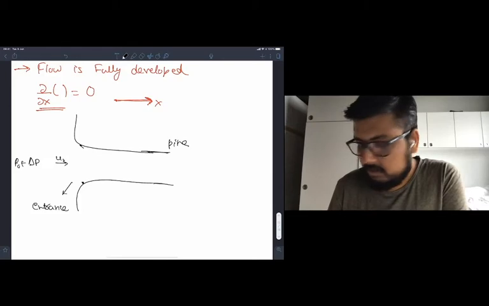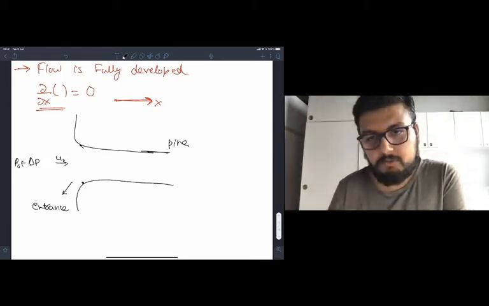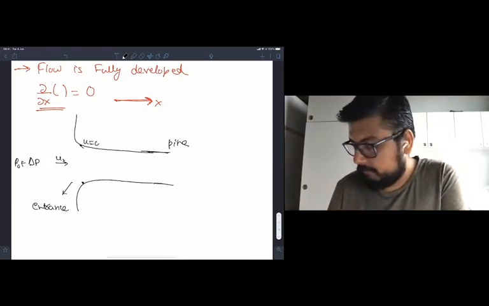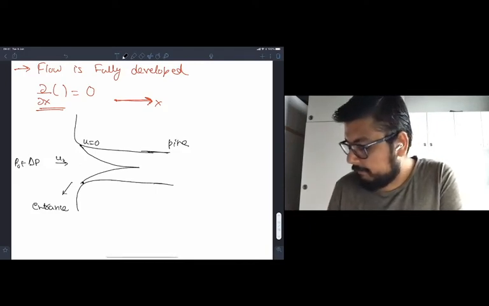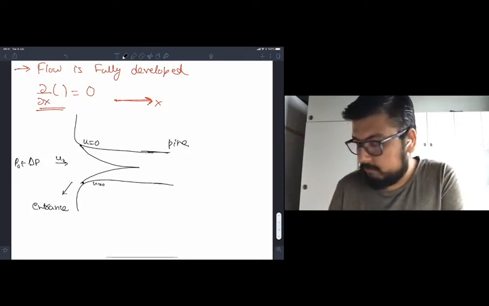But since on the walls we have a no slip boundary condition, which implies that U is going to be 0 over there, we will get a boundary layer which gets developed in such a fashion. So U will go from 0 to U naught over here. So it will be 0 at the boundary, but it will be U naught in the core.